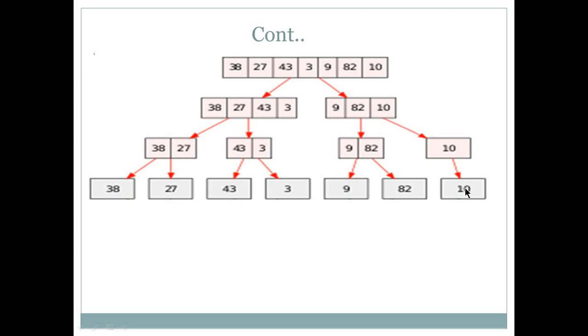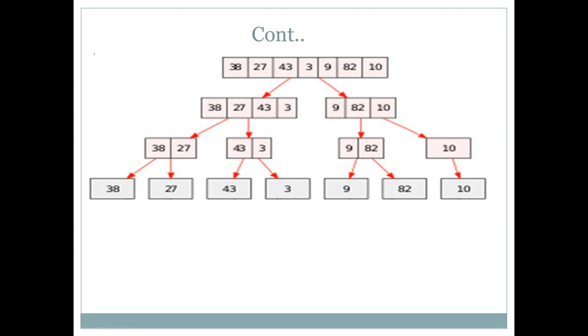After getting individual lists, we will perform our merging on it. In merging we have seen that all lists should be in sorted order. Here only individual numbers are there, so they are already sorted. So we will start merging them.